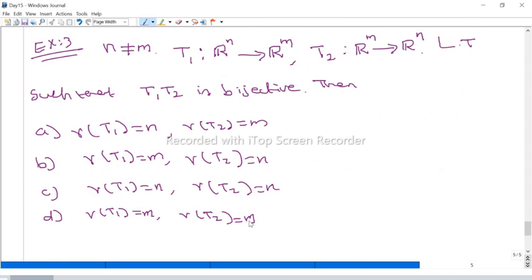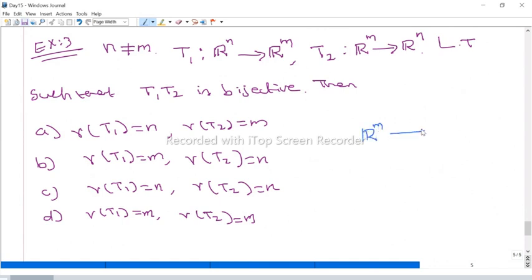So how to solve this problem? The composition of two linear transformations is also a linear transformation. Now we can write here. There are two functions.